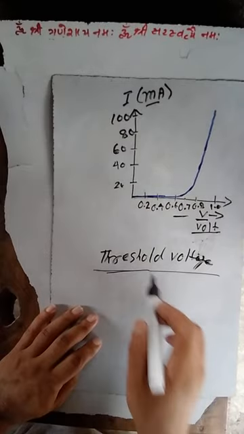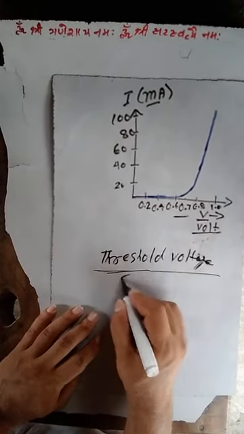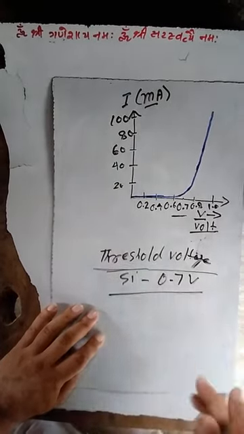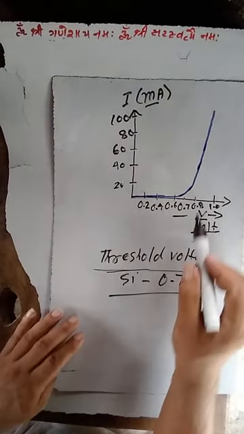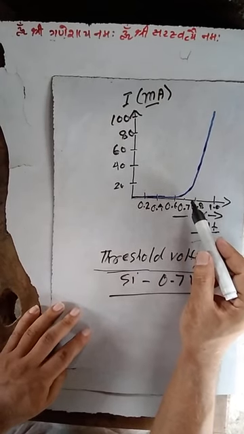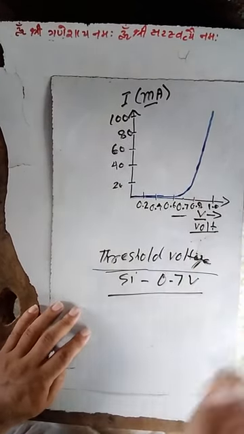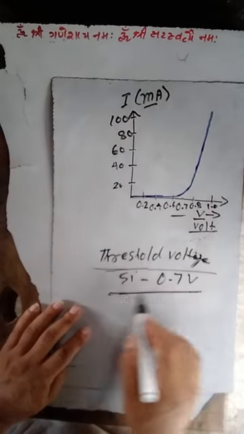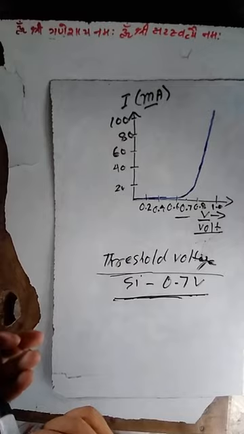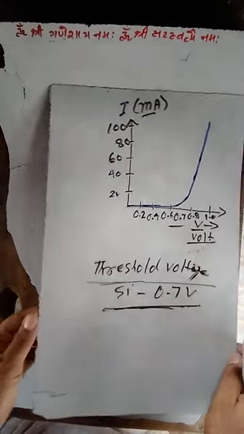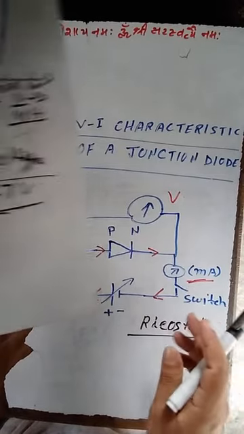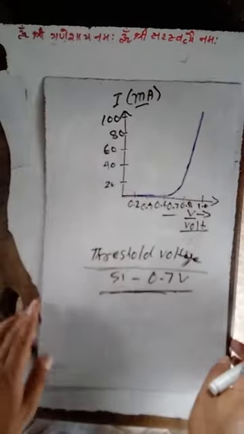Now what is this threshold voltage? For silicon, it is 0.7 volt. So we will not get any significant current in forward bias unless we reach the 0.7 volt potential here. Now why? Because we have a potential barrier.